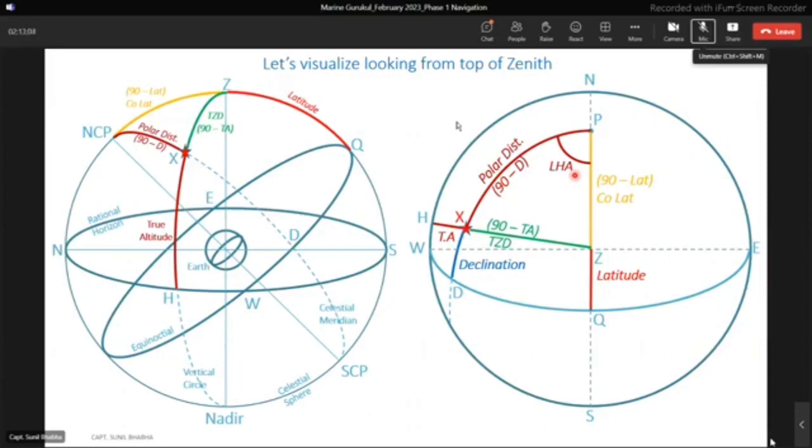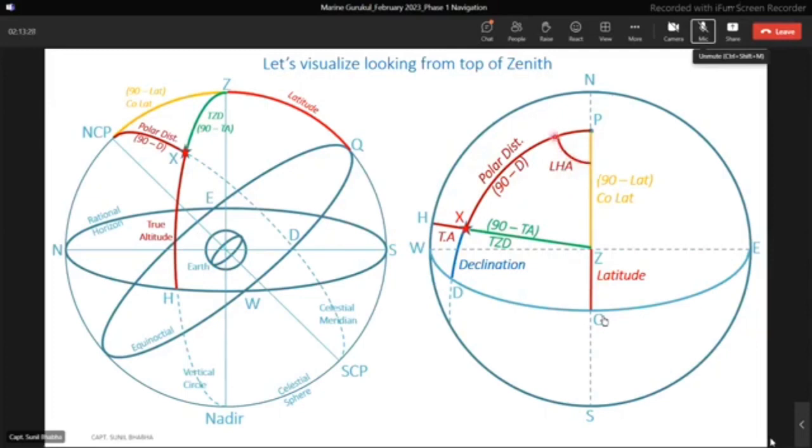Great. Angle at the pole contained between the celestial meridian of the observer and the celestial meridian of the body measured westwards. So this angle is the LHA.